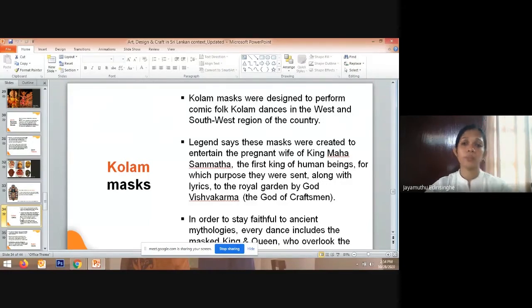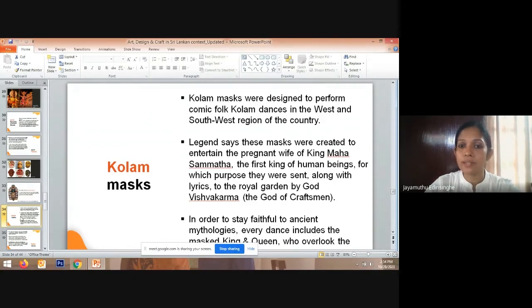These Kolam mask performances were made because that king's queen had a craving for that mask performance when she was pregnant. Then the entire mask performance started from that. According to Sri Lankan history, King Mahasammata's wife, the queen, was pregnant, and she had a very strong craving to see these performances. That's why it all started, according to our history.